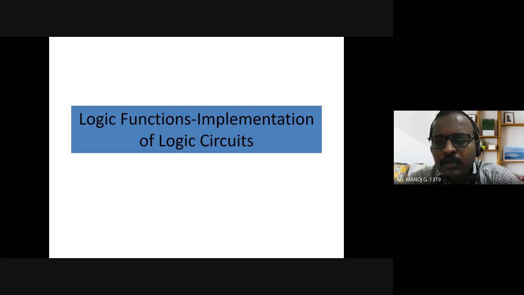Can I ask one person, Sri Kiran, can you please tell me what is the logical expression for an AND gate? Logical expression. So this is the basic properties. Sri Kiran, can you please respond?